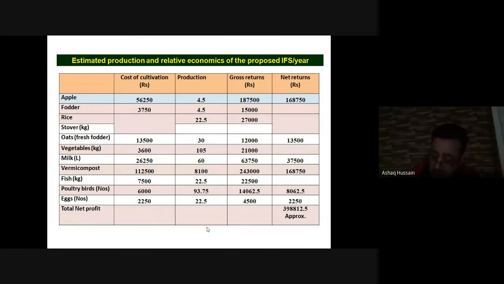This integrated farming system shall prove successful not only from the profitability point of view, but also from the environmental point of view, and also for generating additional sustainable employment for the youth, and protecting our environment from adverse effects.